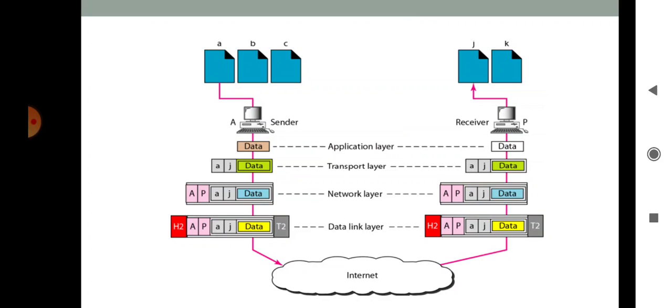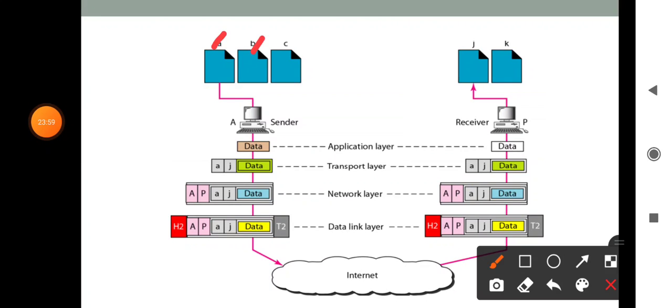The sender is running three processes with port addresses A, B and C. See this figure. And the receiver is running two processes with port addresses J and K, and process A wants to communicate with process J, and both computers are using the same application.